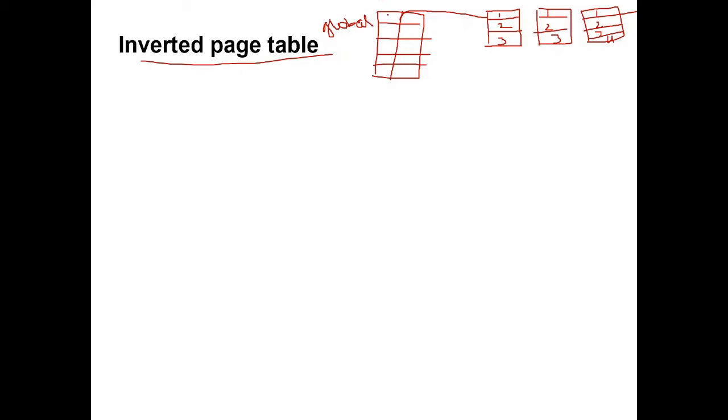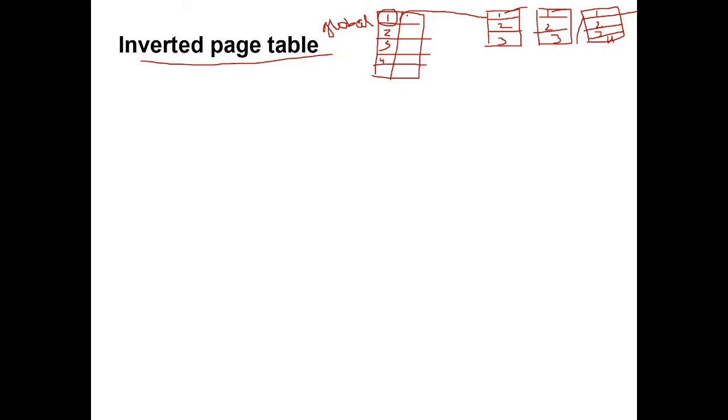So this is page number 1, 2, 3 and 4. These are the pages which have to be executed, but this page 1 is of which process? Is it of process P1, P2 or P3?